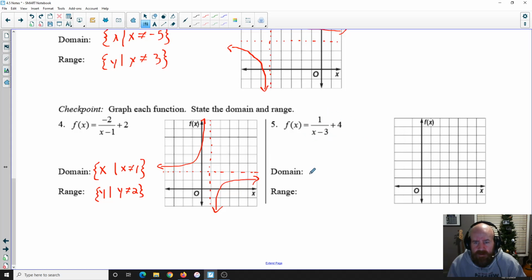And then here we would have x cannot equal 3. And y cannot equal, oops, I meant to have cannot equal 4.